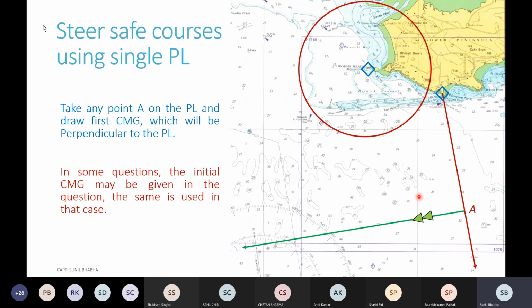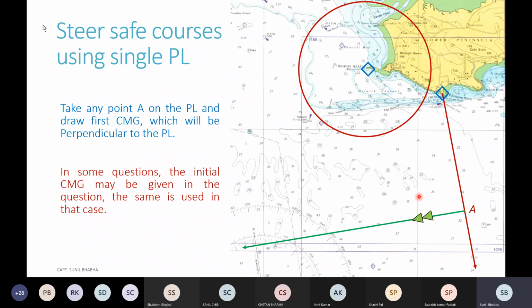Now, in some questions, it is possible that they may give you the first course made good in the question itself. In some of the questions, the first course made good may be given to you. Now, if that is the case, the question becomes simpler.